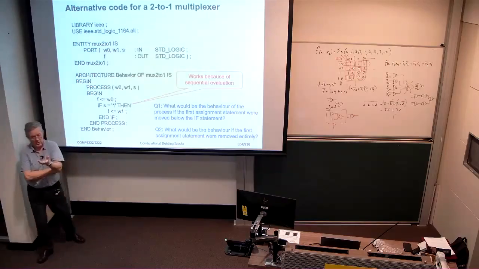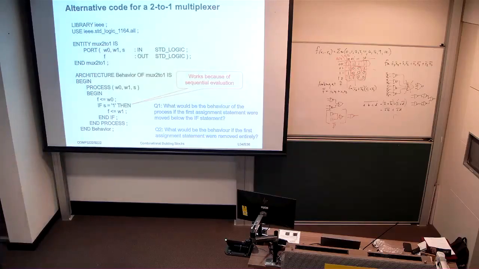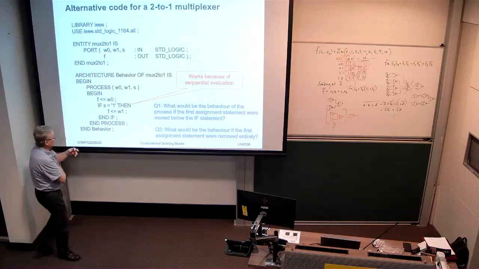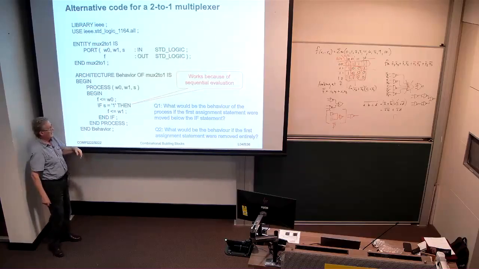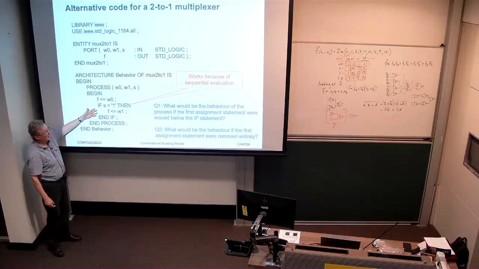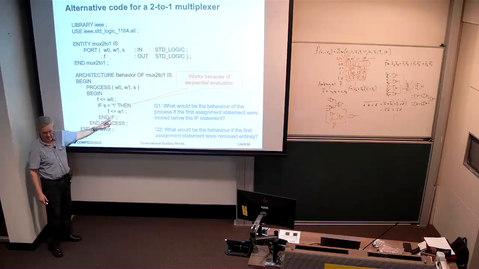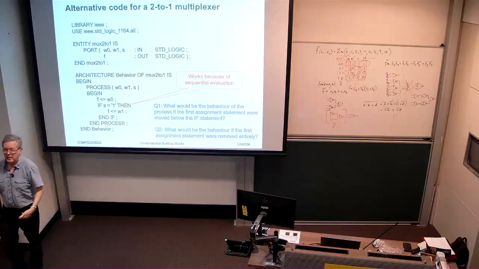I think you're on the right track. I'd like to hear a clearer explanation of what might happen though. If we deleted this assignment of W0 to F, then only when S is 1 do we have W1 assigned to F. So what should be assigned to F if S is not 1?